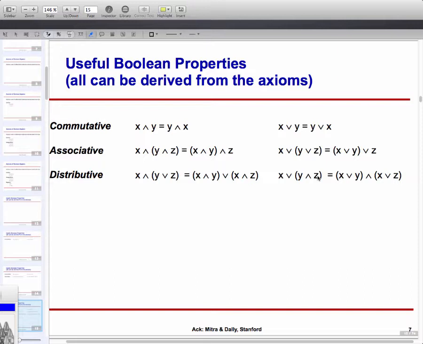So regular algebra has only one distributive property, whereas here both are true. And this is one of the reasons why it's a bad idea to use plus and multiplication in lieu of the OR and AND gate, as in the earlier slide we had, because it can be very misleading in the Boolean case. In the Boolean case, both the distributive properties are true.